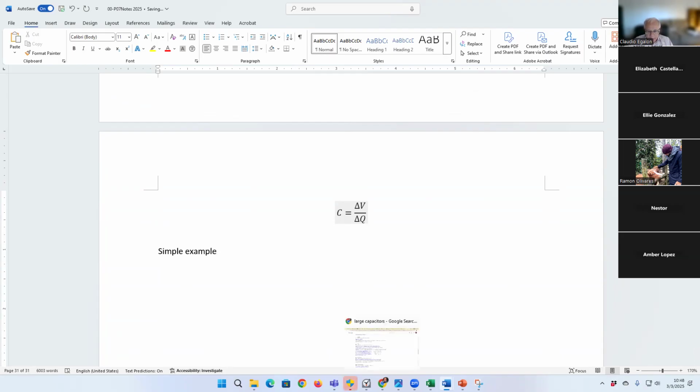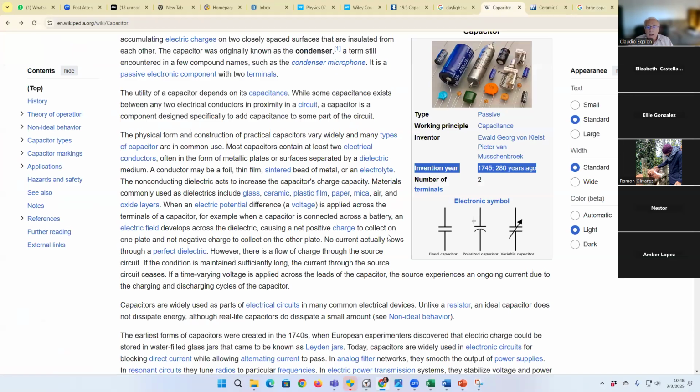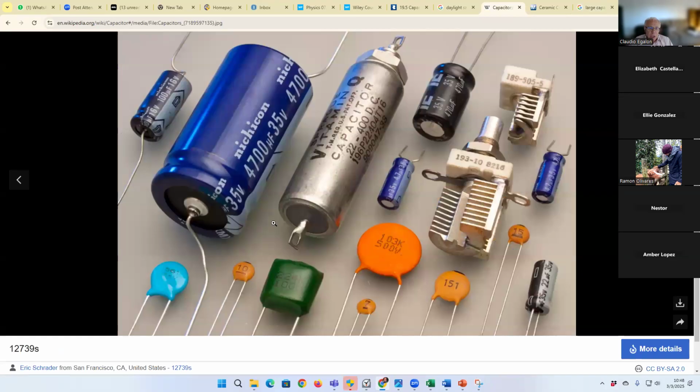Simple example. Let's take a look again at Wikipedia. They have a maximum voltage here, 35 volts. You cannot exceed 35 volts in this capacitor. And then they have another number here, 4,700 microfarad. What is this number all about?